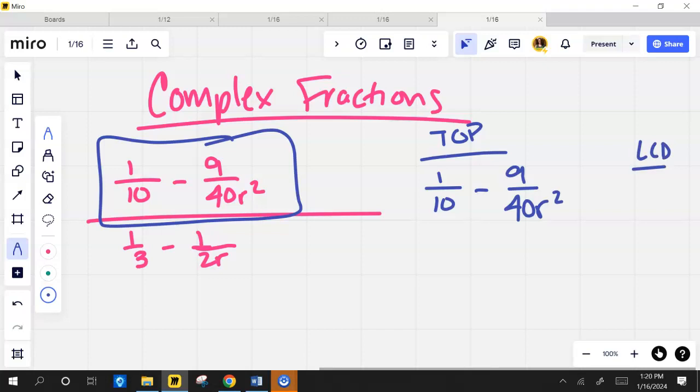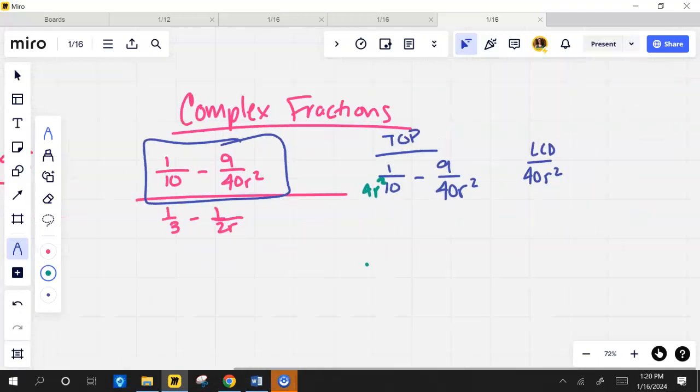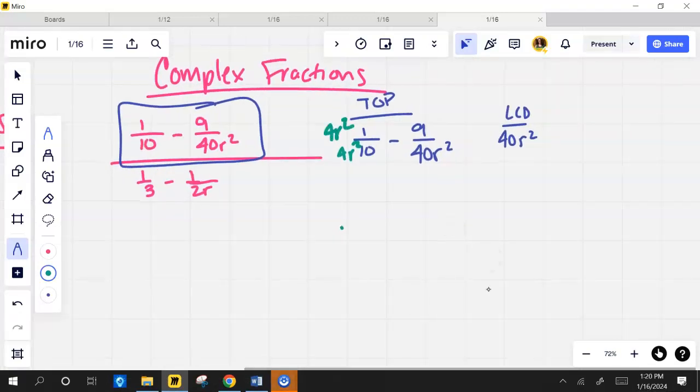The first one needs 4R, and the second one needs nothing. So I have 4R squared, and I'm going to put them over the same denominator, because that was kind of the whole point.